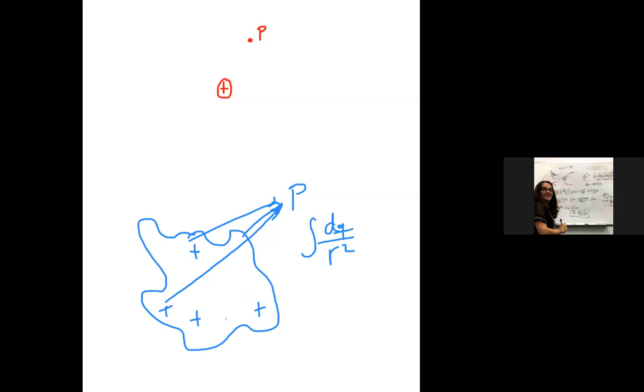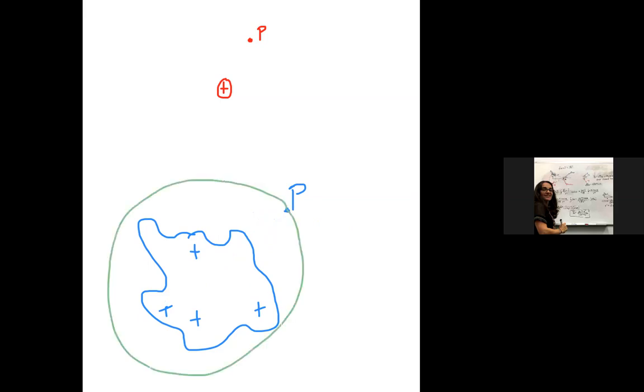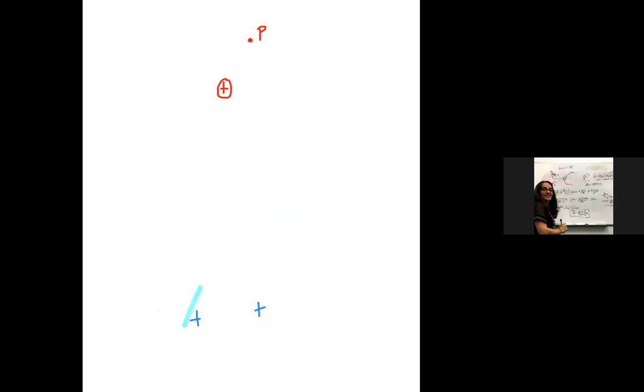So instead, I want to know what it is at point P. So here's point P. I can take a Gaussian surface, place it there, and enclose the whole thing like a balloon. Okay? All right. So back to the problem at hand.